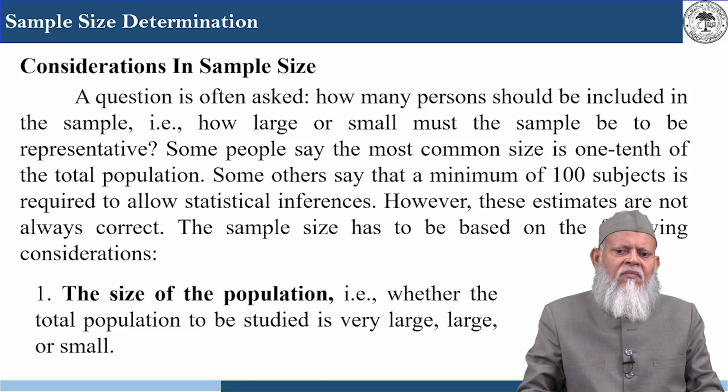Some people say that the common size is 1/10 of the total population. Some others say it should be a minimum of 100 subjects, 100 items, 100 persons to allow correct statistical inference. However, these cannot be generalized to be a general rule.